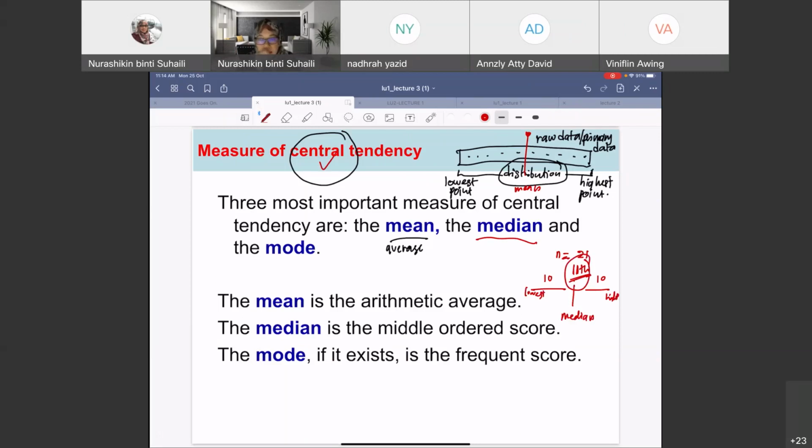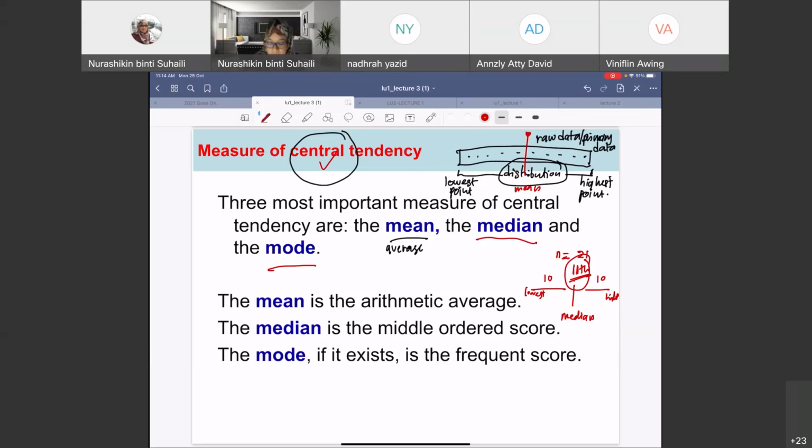And then mode. Mode is the point that has the highest frequency. Let's say, just now you have the data of the diameter of the head of birds in UNIMAS. So maybe at a certain point, when you measure, you have the same value that occurs more than once.